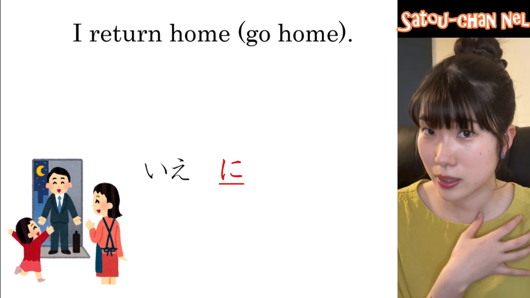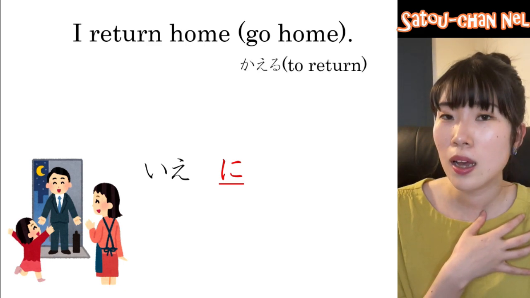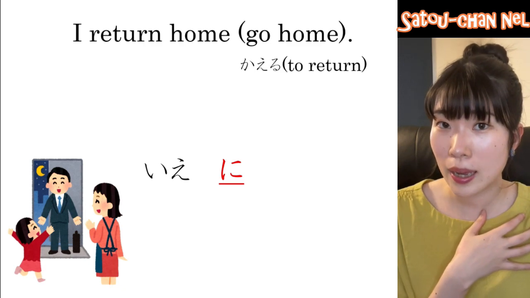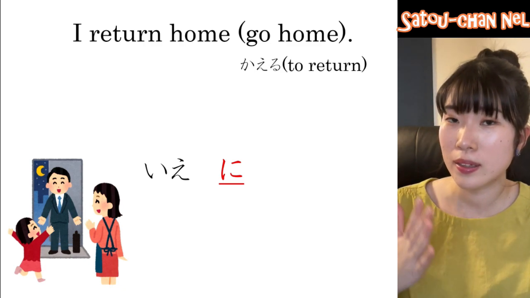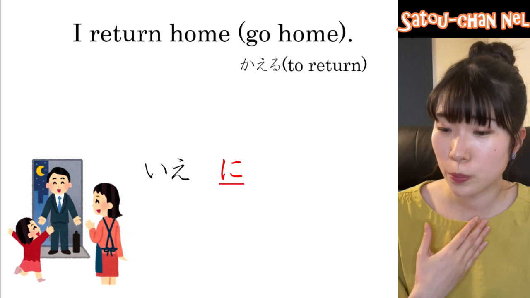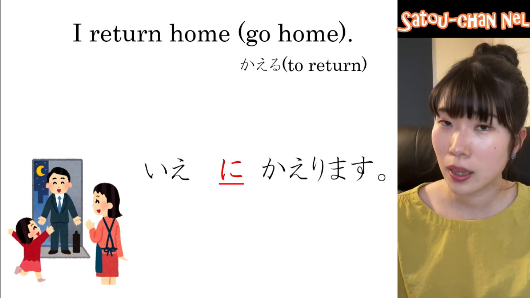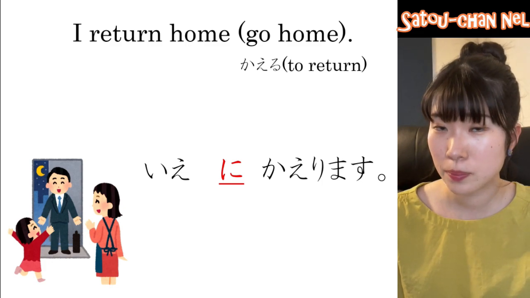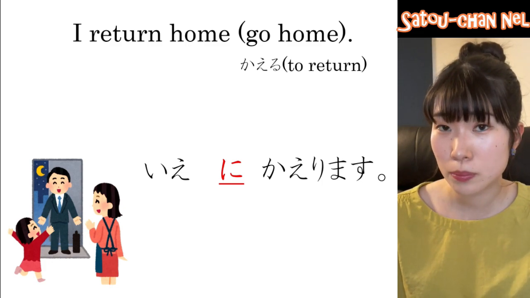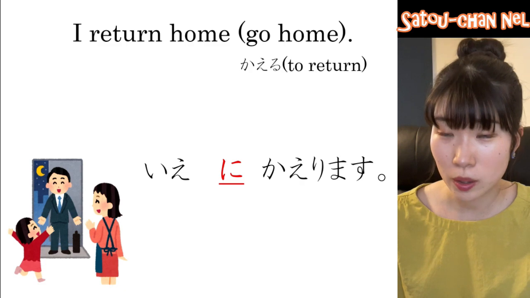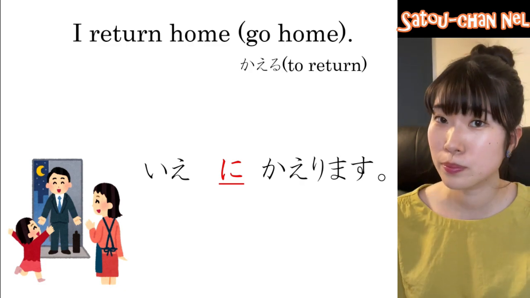How do you say return? 帰る, and change it to masu form. 帰ります。家に帰ります。I return home. I'm going home.